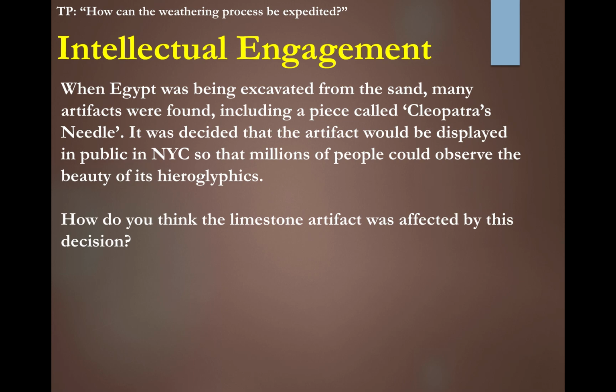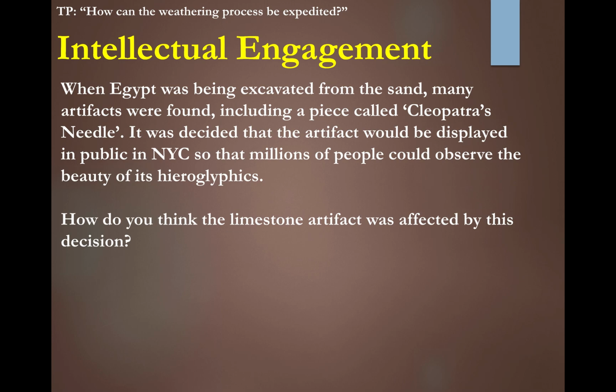So you're going from Egypt to New York City. Dry conditions, arid conditions, much more arid than New York City is. And this is limestone rock. Go to your reference table, go to page 7, and find the sedimentary rock called limestone.